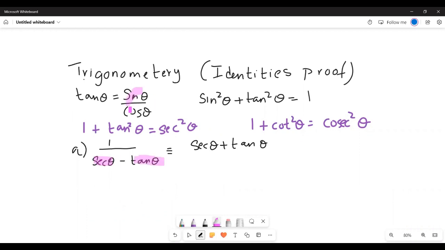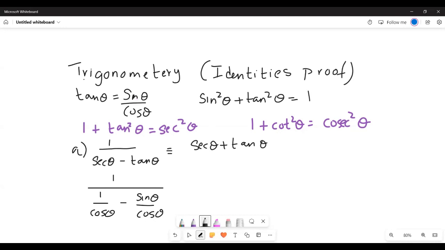Tan theta is sine theta by cos theta. So I'm going to break this down. So we have 1 in the numerator and the denominator is 1 by cos theta minus sine theta by cos theta. I'm going to write this as a single denominator.